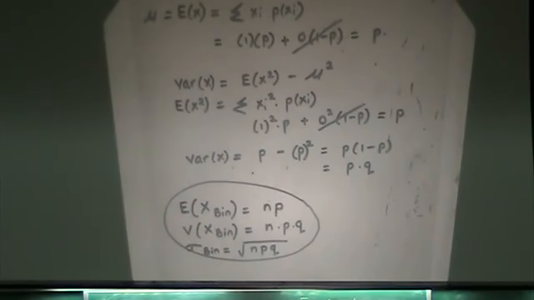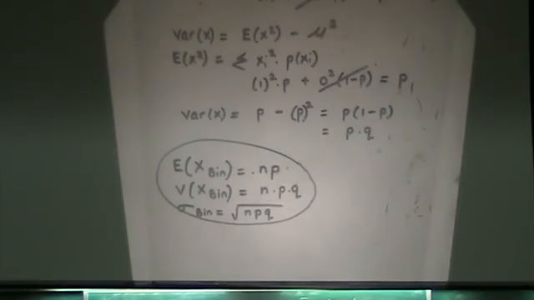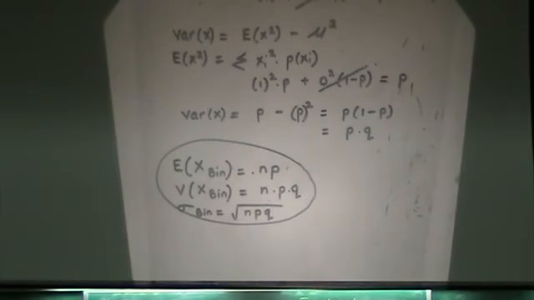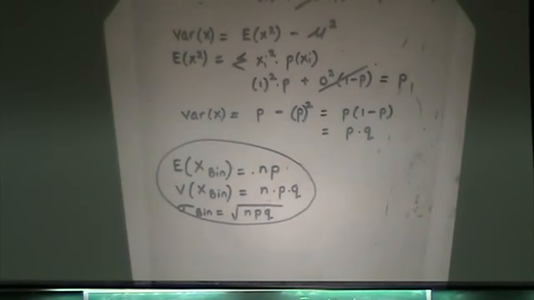I need to label these pages, so give me one moment. This was 5. This was 6. If you look on page 9, I gave you an example to try at home, and I also gave you all the answers.